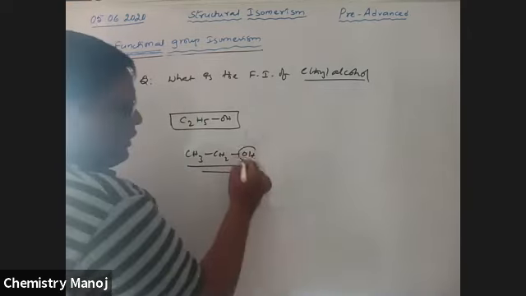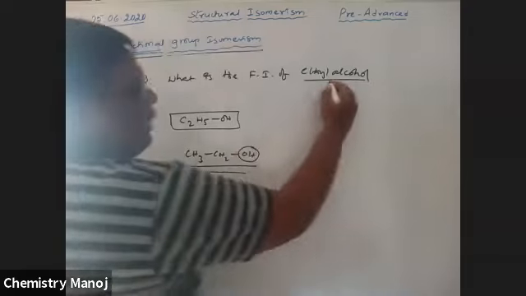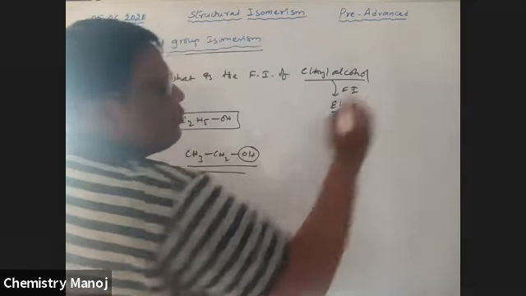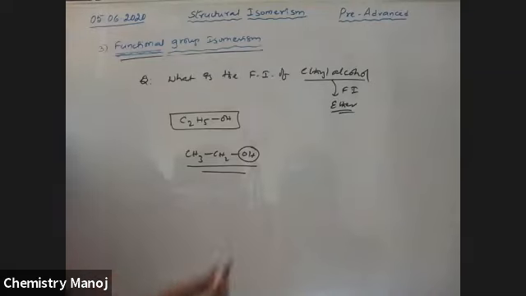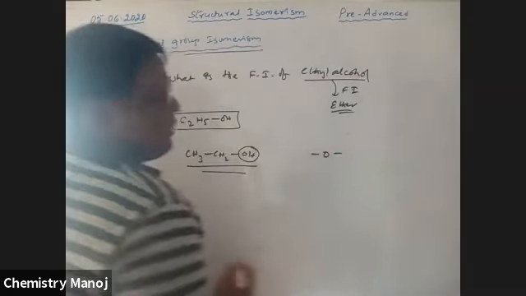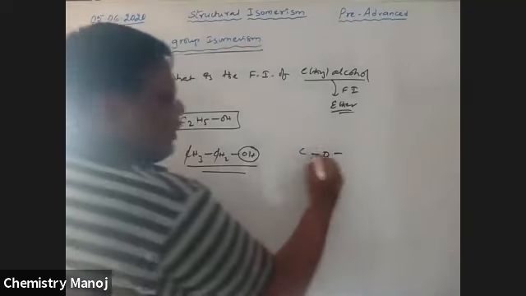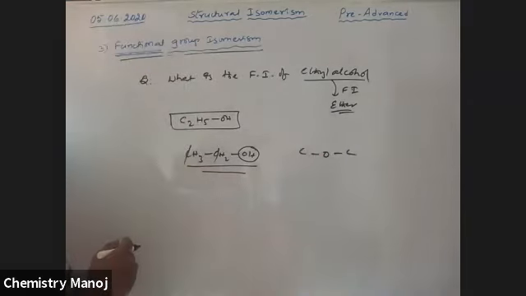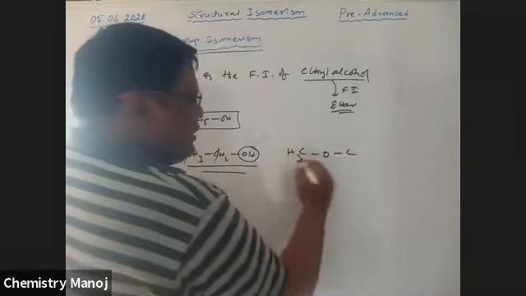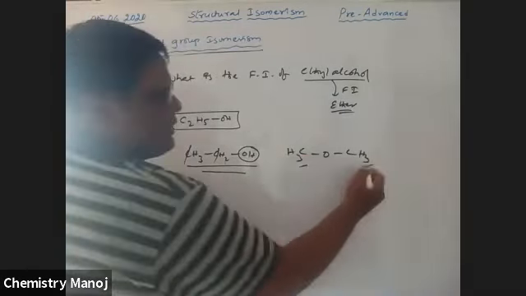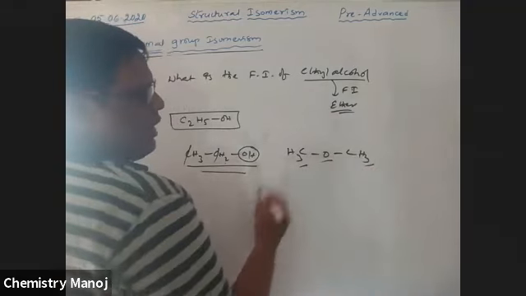Because it is alcohol, the functional isomer is an ether. Write the ether functional group: one carbon on each side, and the remaining 3 hydrogens on each carbon, so 3 plus 3, 6 hydrogens, 2 carbons, 1 oxygen.